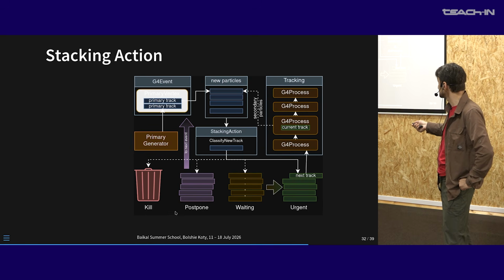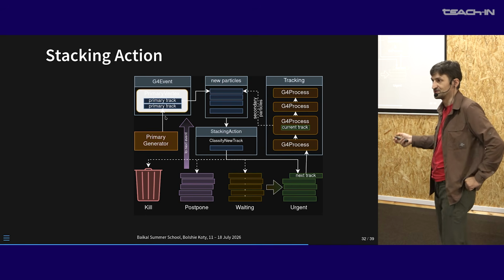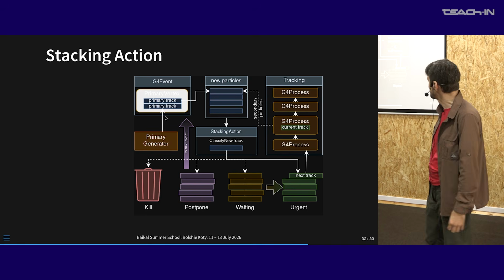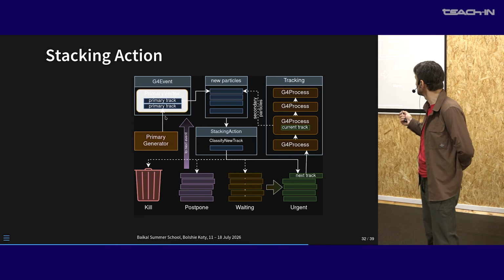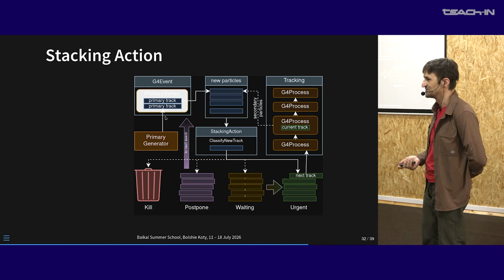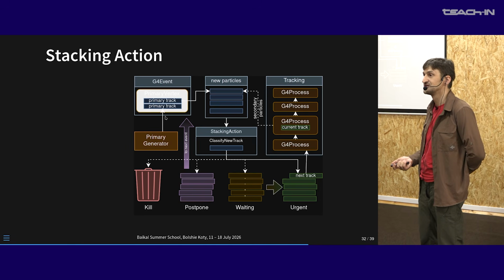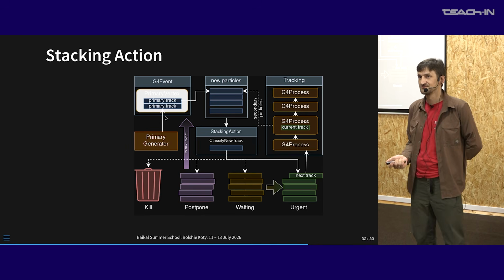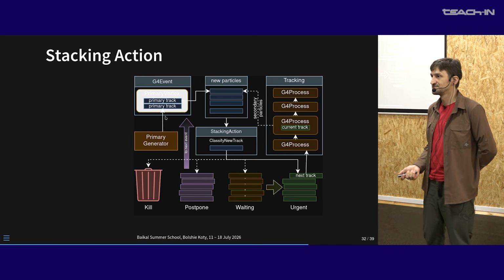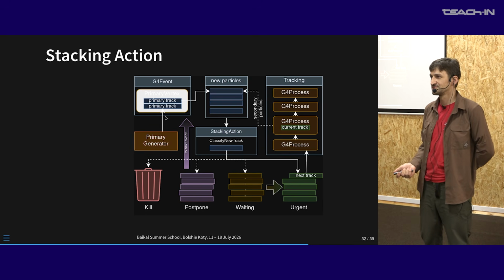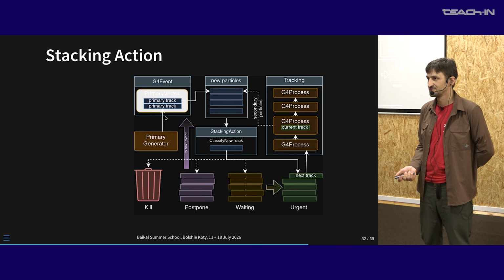Then there is this postpone. It means to postpone to the next event. So we can make our events talk to each other by postponing particles. Yes? How does this postpone tracks for the next events if we have only one event at one time?